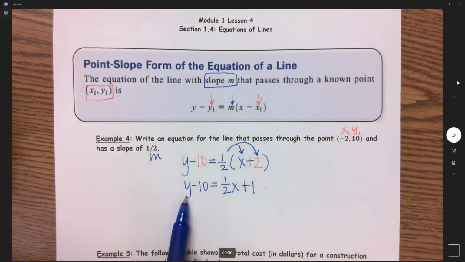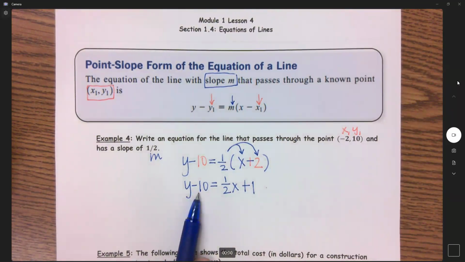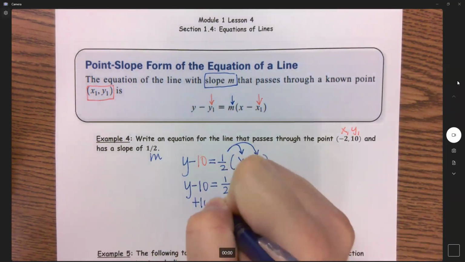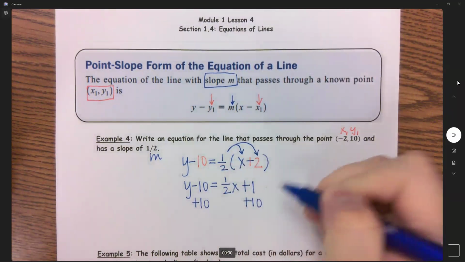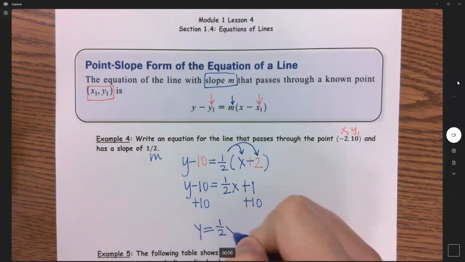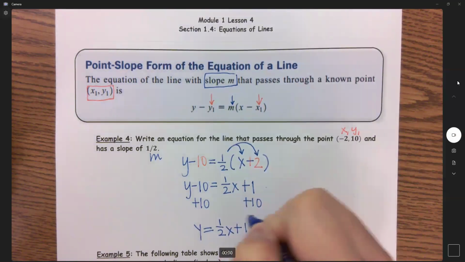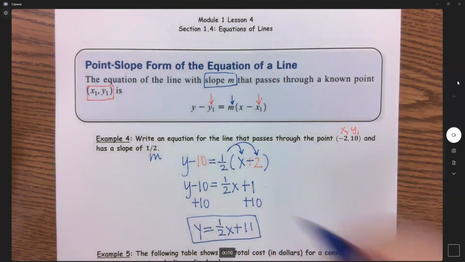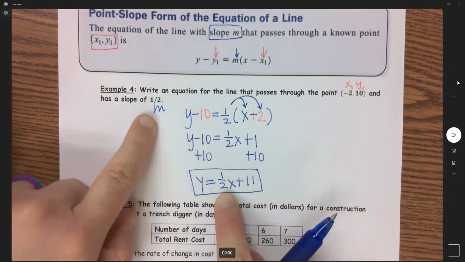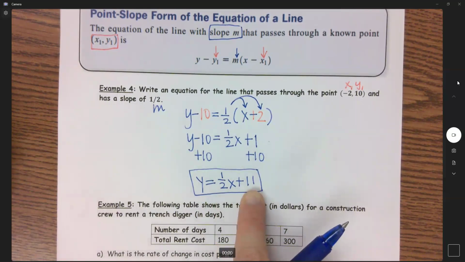And now get y by itself. So you're going to add or subtract this over. In this case, we're going to add it over. And so we get y equals 1/2 x plus 11. So now I have a slope still of 1/2, which is true. And now we found that the y-intercept is 11.